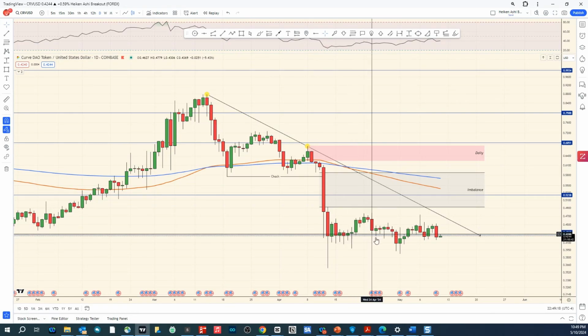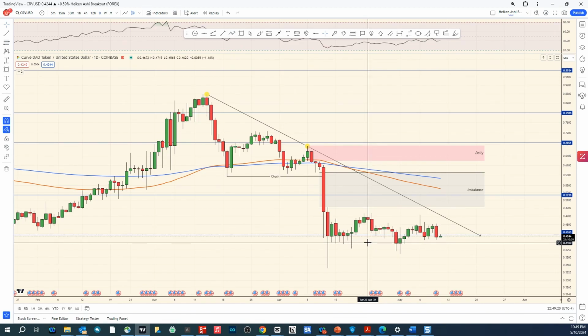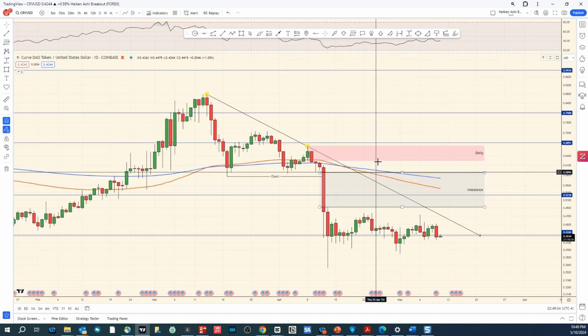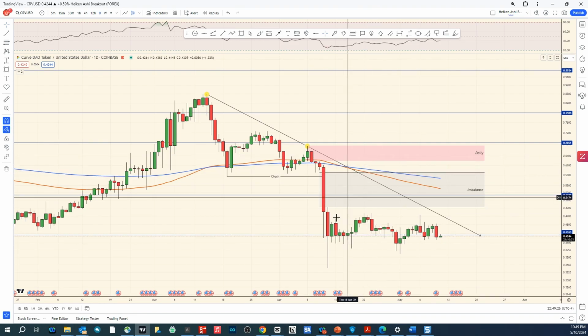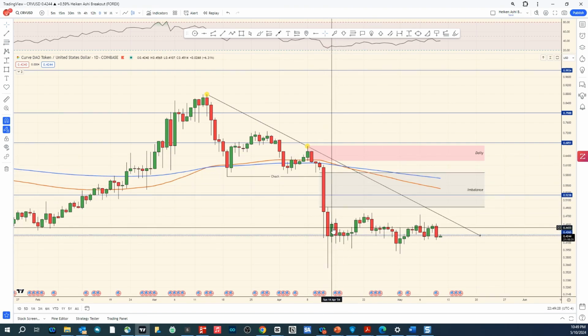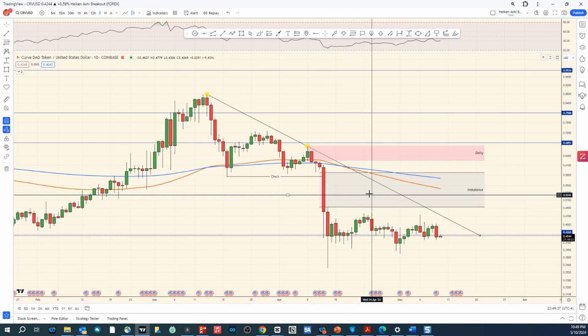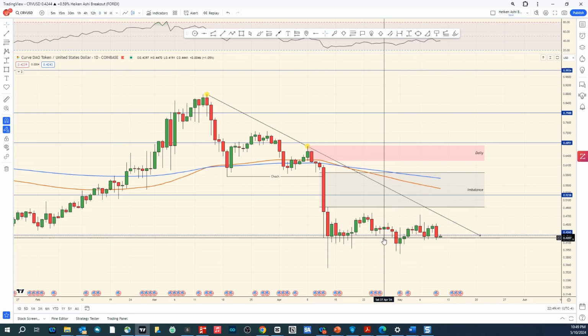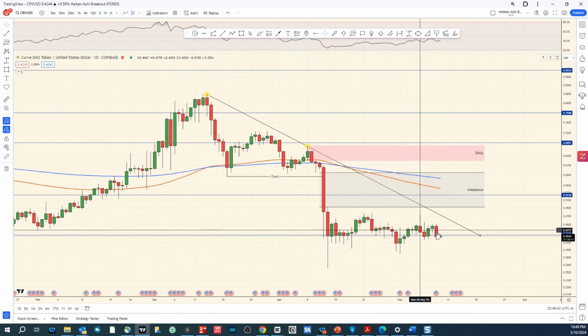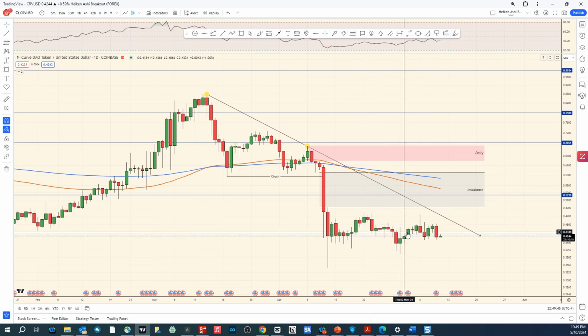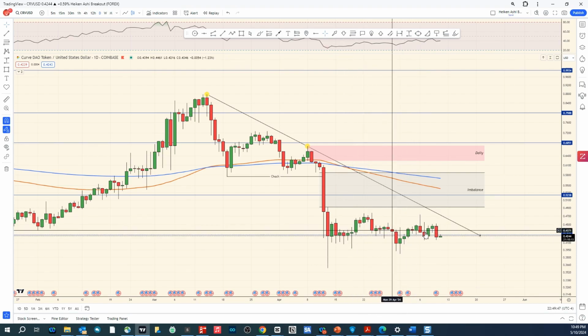But now what I'm looking for, very similarly to our daily selling areas, are buying areas that exhibit a change of character and a break of structure, or a break of structure with an imbalance. And as of right now, to be perfectly honest, I don't see that anywhere. None of this price action here looks good to me in terms of buying.